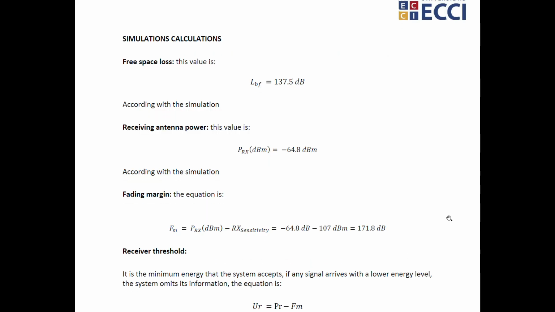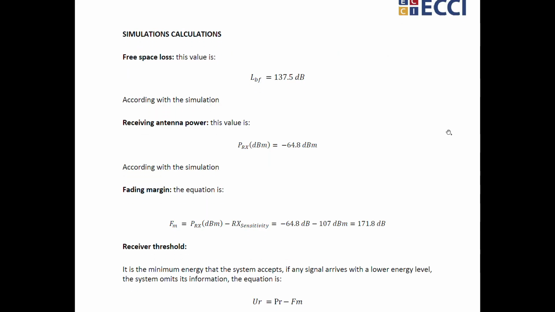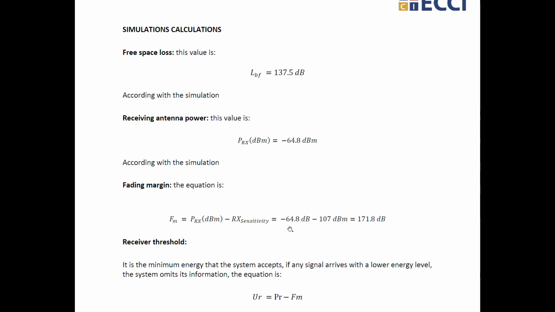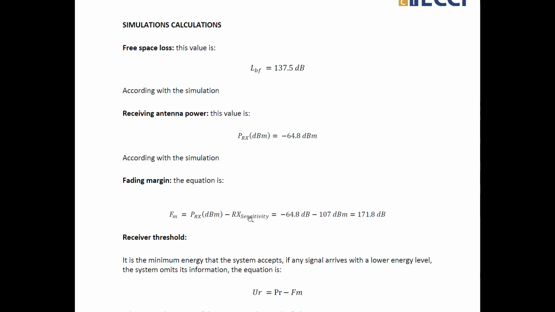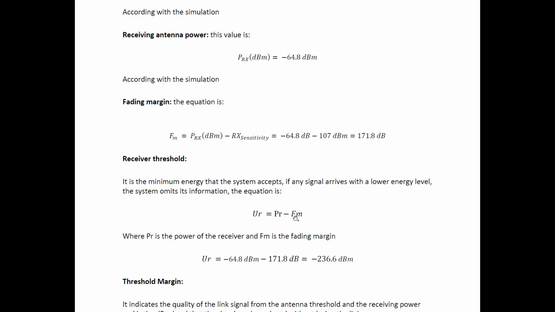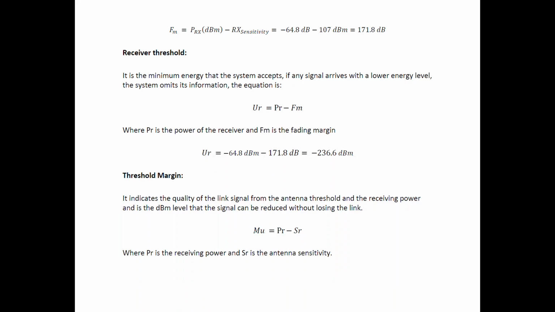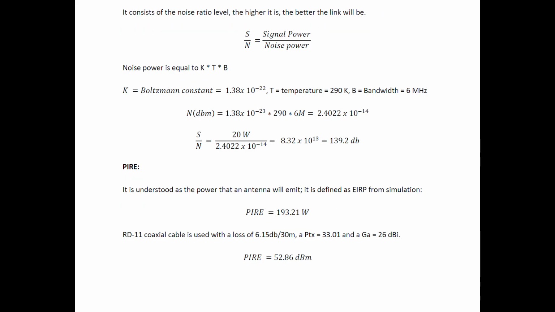There is some calculation that we have to do for the data received in the simulation. For example, the fading margin, we have to calculate it with the data that we have in the simulation. So we have here all the calculations from the simulation.